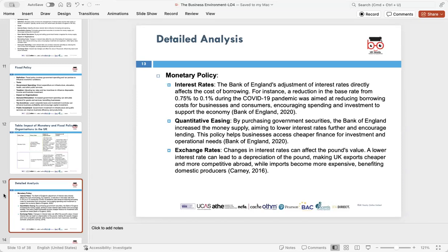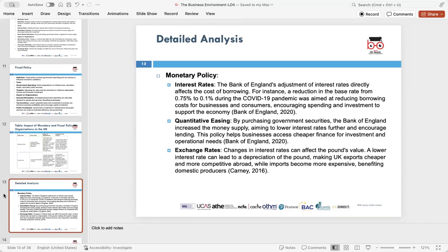Lower interest rates make loans cheaper, encourage businesses to invest in expansion and operations, and consumers to spend more, thus stimulating economic activity.